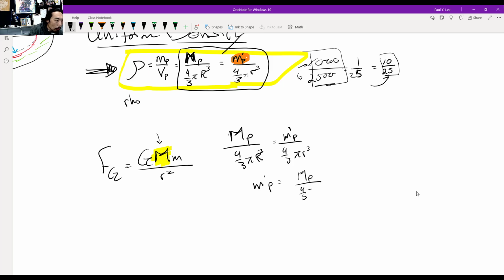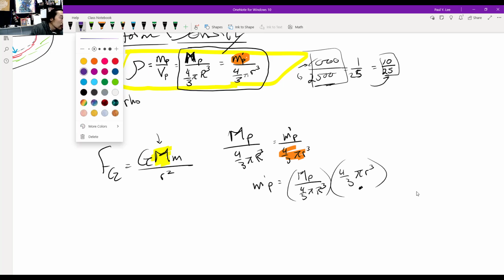So what I'm doing is this denominator here, I'm putting that on the other side. If I put that on the other side, we get pi r cubed. We get something that looks like this, where this parentheses used to be in the denominator. Here we have 4/3 pi, and here we have 4/3 pi.